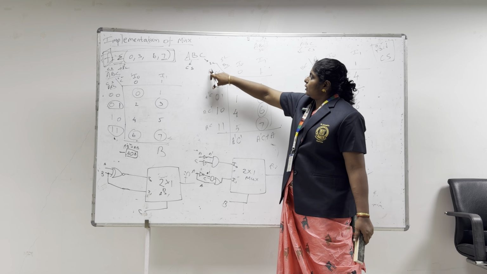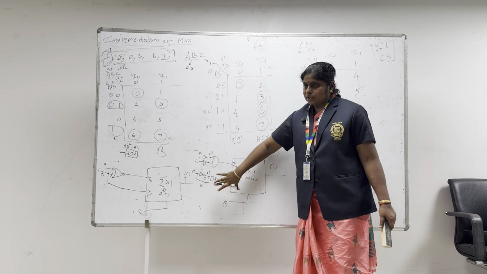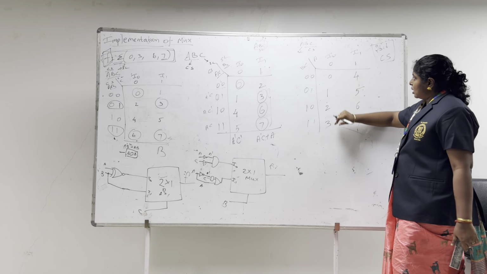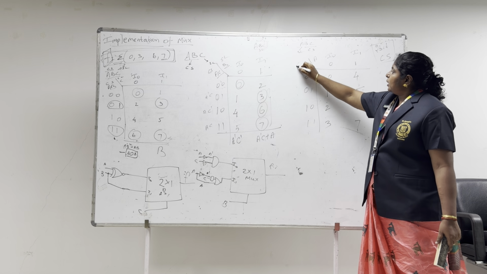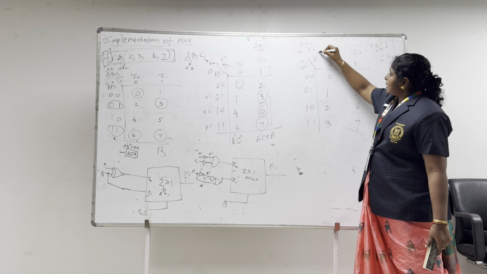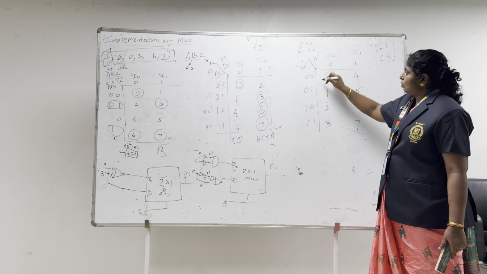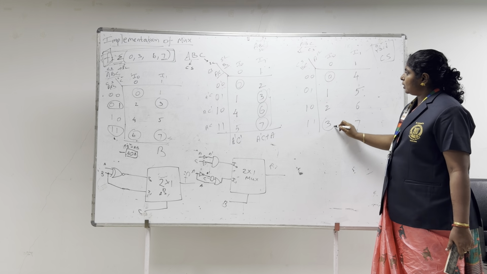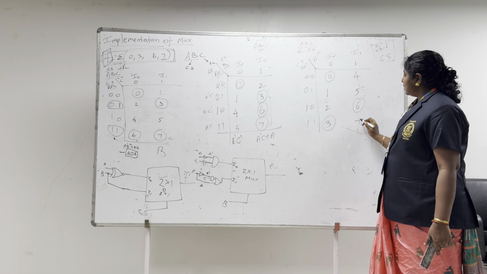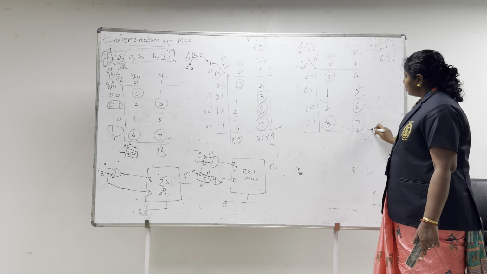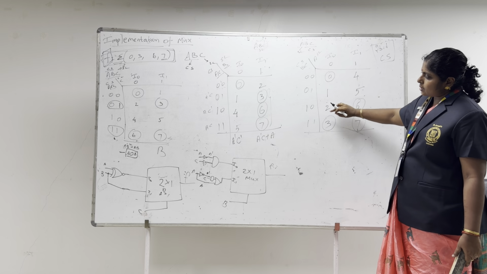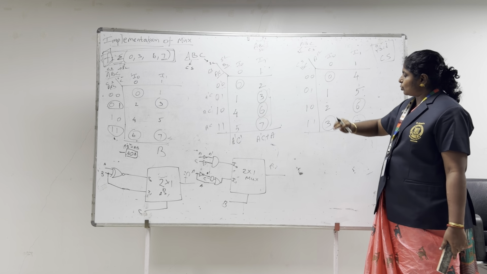AC as control signal and B as the select line. For this concept, this is the diagram. Same way for the last, BC as my control signal and A as my select line, right? So this implementation is 0, 3, 6 and 7. It looks just like the first one.